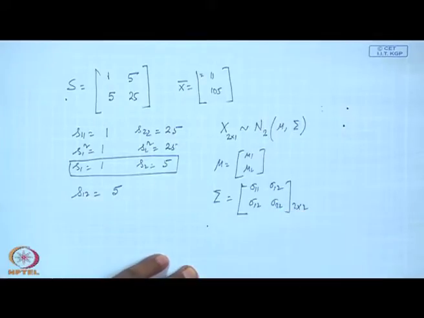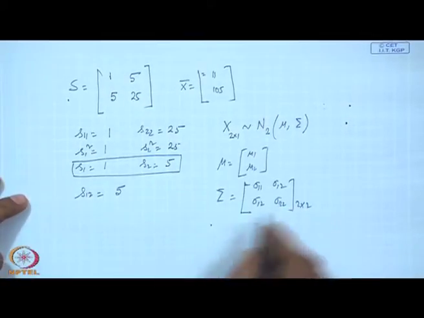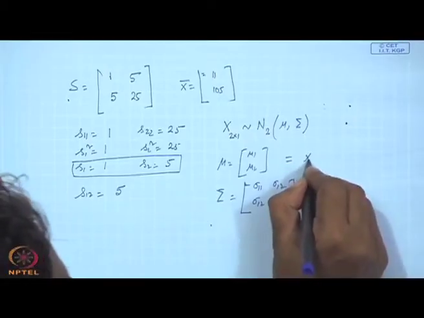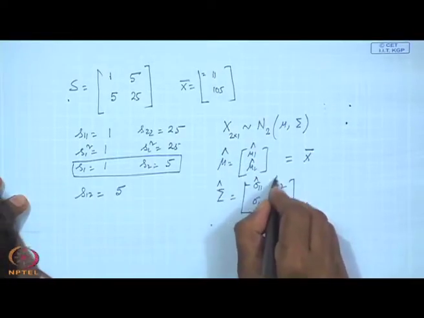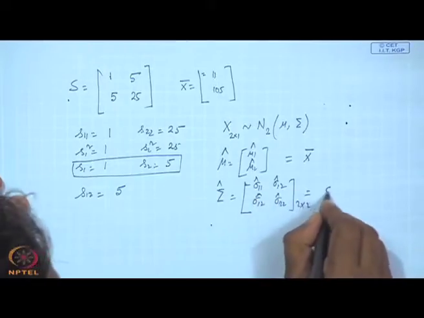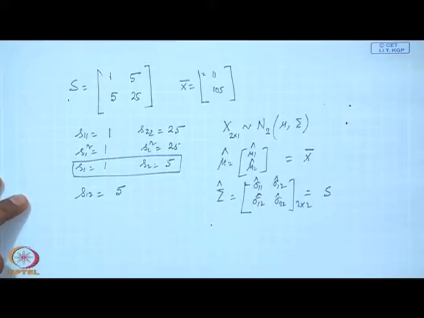This is 2 cross 2. So, we can now say this is our x bar, the estimate. Yes, in this manner we will proceed.